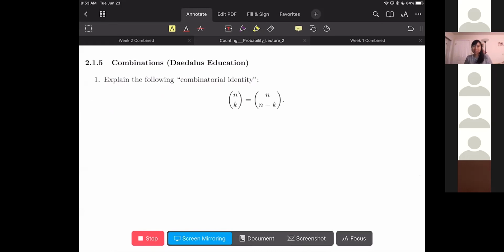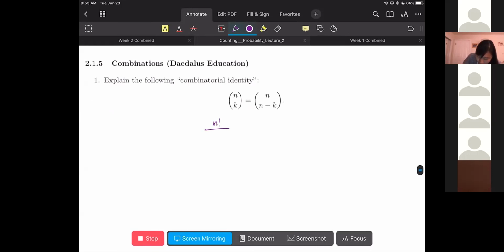Well, what this is saying is that n choose k is equal to n choose n minus k, due to the fact that when you put it into formula form, it's n factorial over k factorial times n minus k factorial. So when you switch it around, you'll still end up with the same thing. Yeah, so if you write it out, you get the same thing.